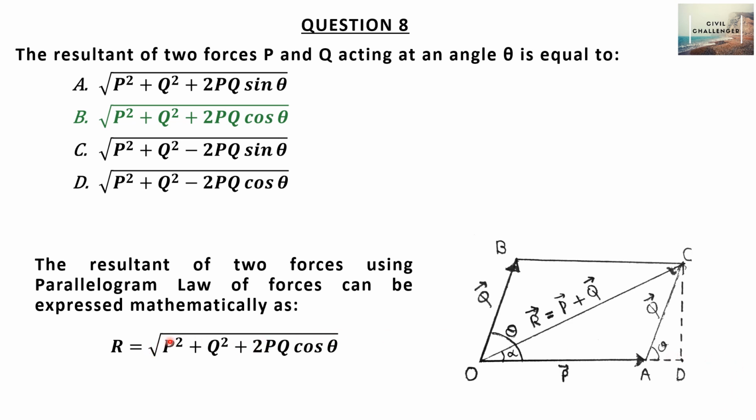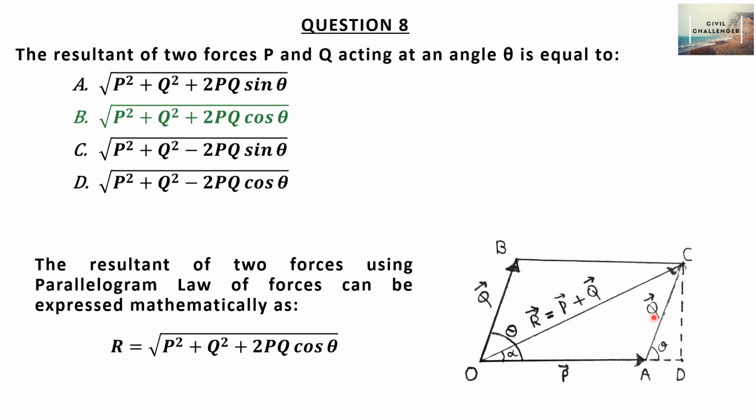Simplifying, the expansion will be P square plus 2 PQ cos theta plus Q square cos square theta, and then we have the height squared, which is Q sin theta the whole square. Taking Q square common from Q square sin square theta and Q square cos square theta, we get the result: resultant is equal to square root of P square plus Q square plus 2 PQ cos theta.